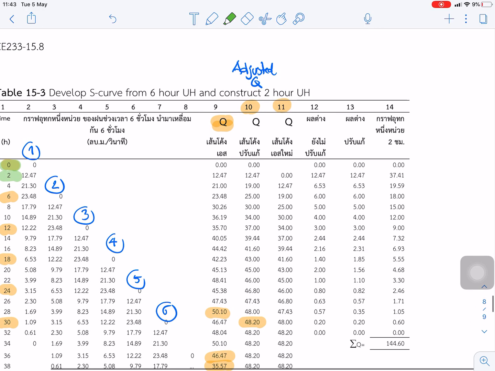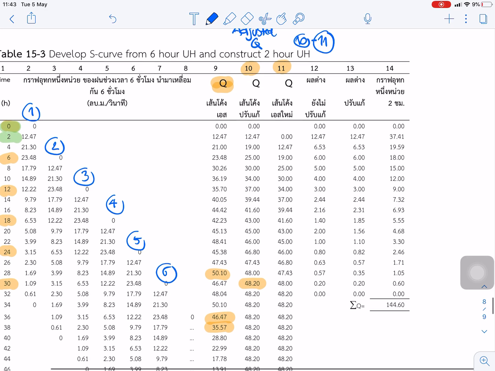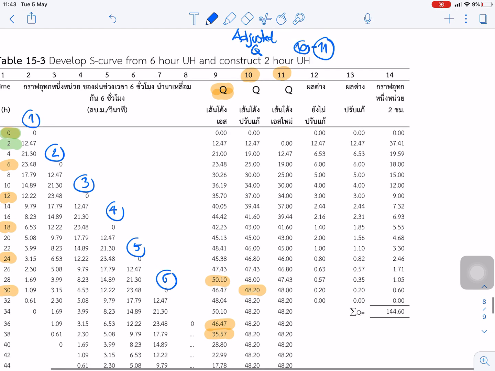Then we find the difference between column 10 and column 11 to get column 12, the difference between the two S curves. Next we adjust column 12 to get a smooth curve, so we get column 13.